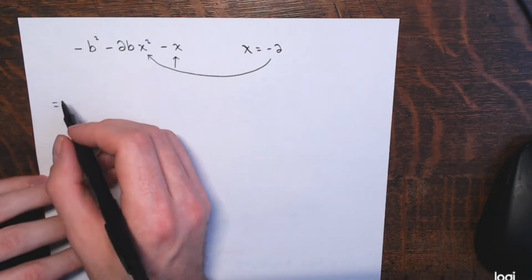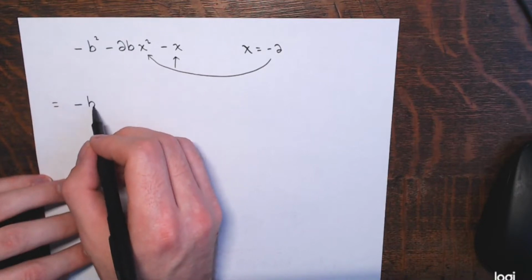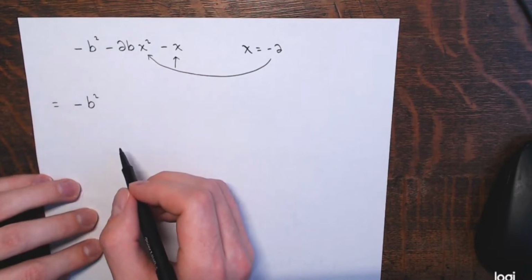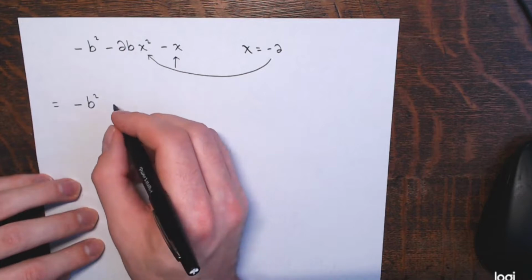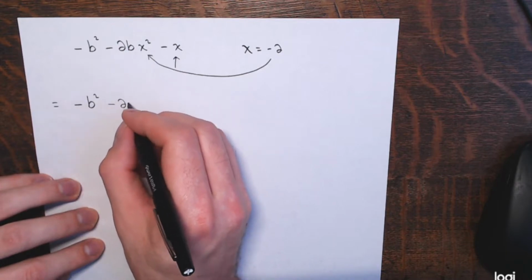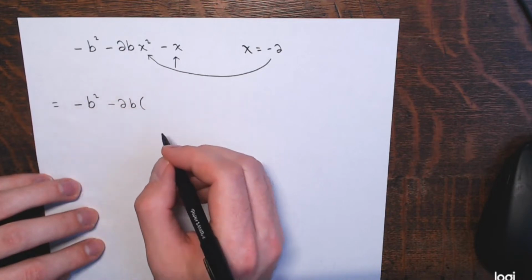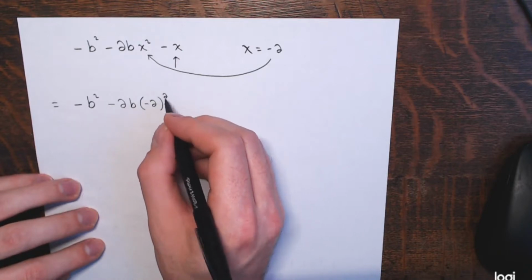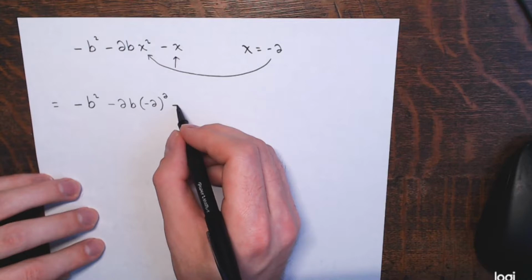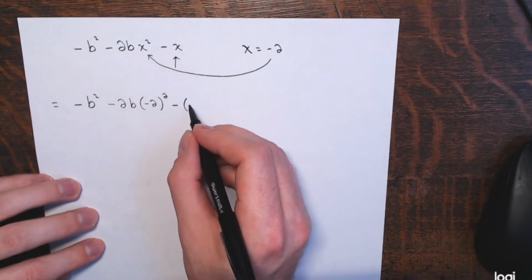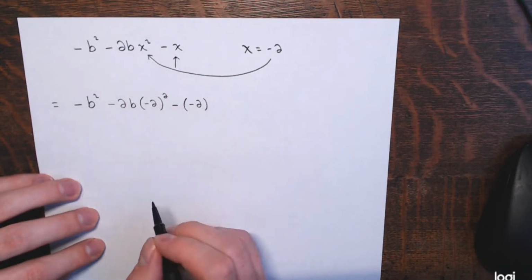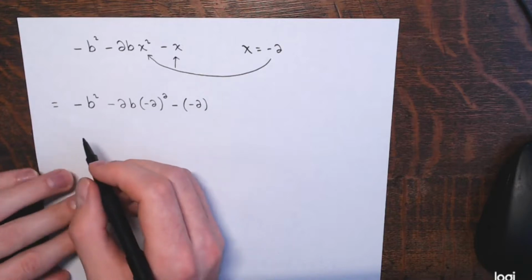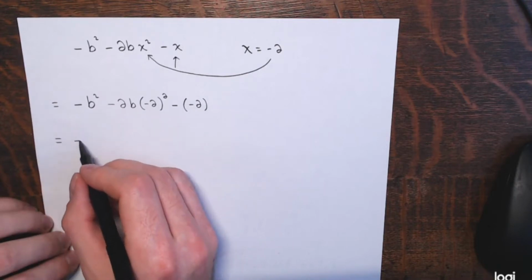So the negative 1 times b squared, negative b squared, that's going to stay the way it is. Then we have minus 2 times b, but instead of x squared, I make that negative 2 squared. And then minus, instead of x, minus negative 2. So this is negative b squared.